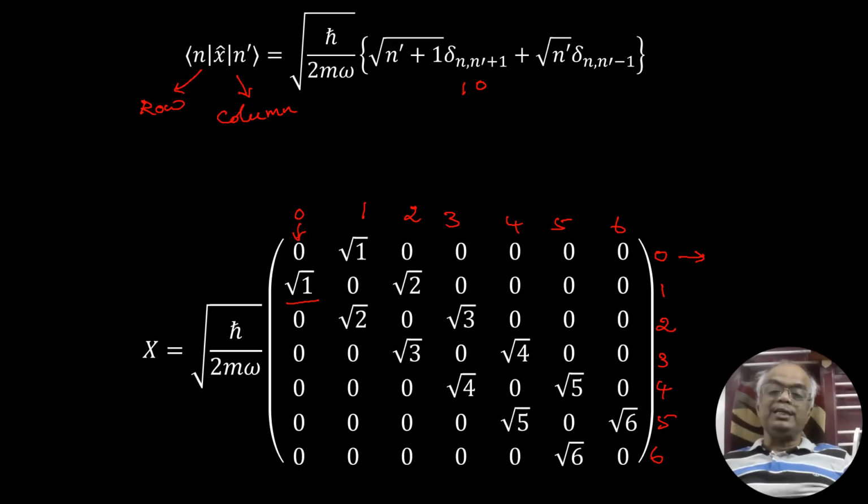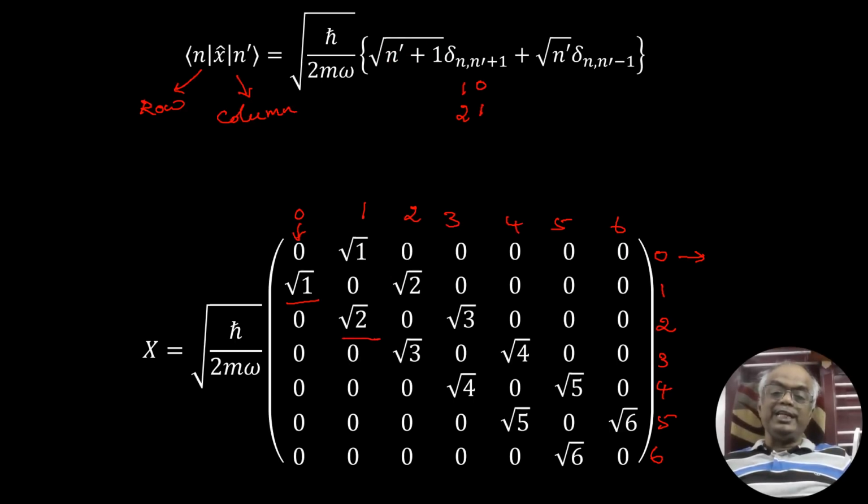Then next you take n prime as 1. If n prime is 1, it means n is equal to 2. That is the second row. The second row is this one, and the first column is this one, which is square root of 1 plus 1, that is 2, square root of 2.